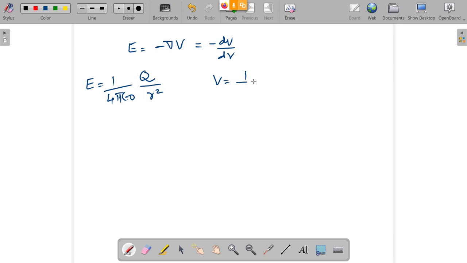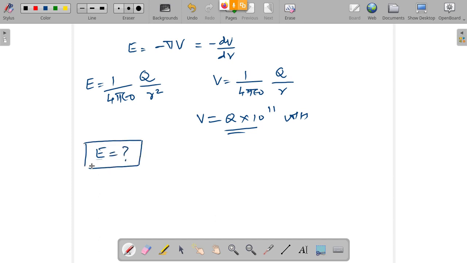V is 1 by 4 pi epsilon naught Q by R. Compare these two, because here the V value has been given as q into 10 power 11 volts. So we know V. Now all you have to give is the electric field.